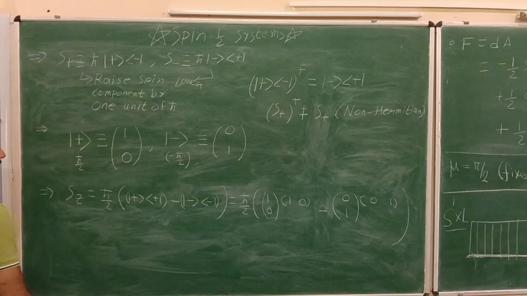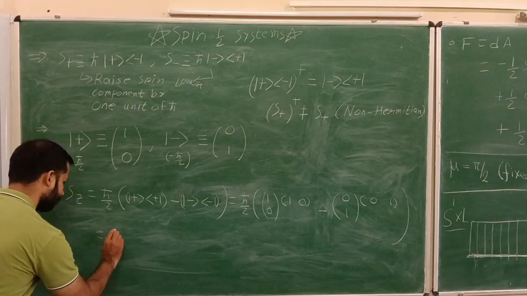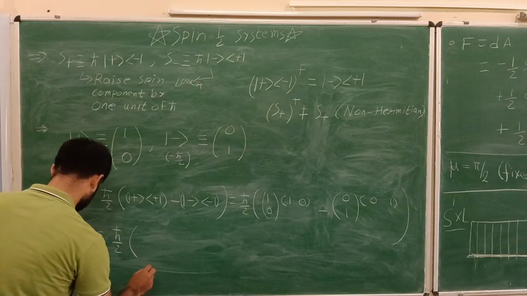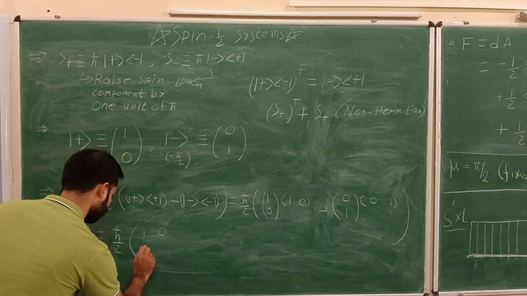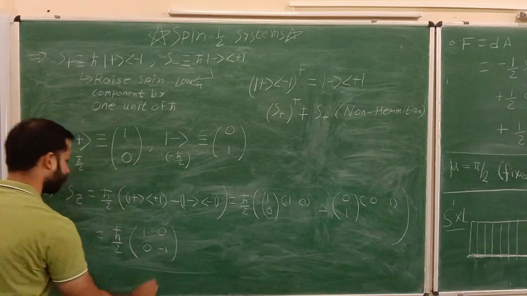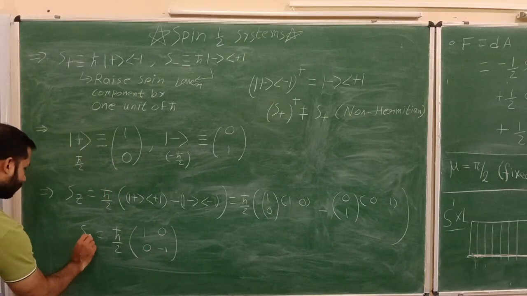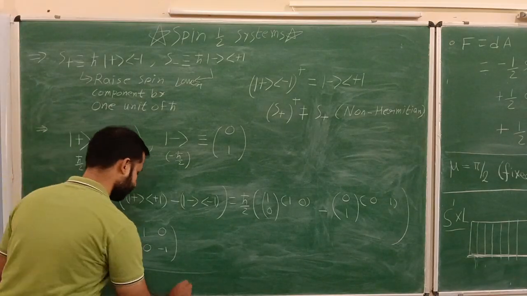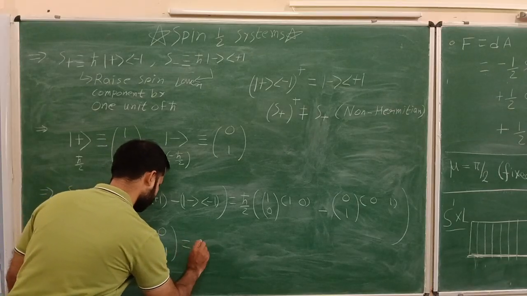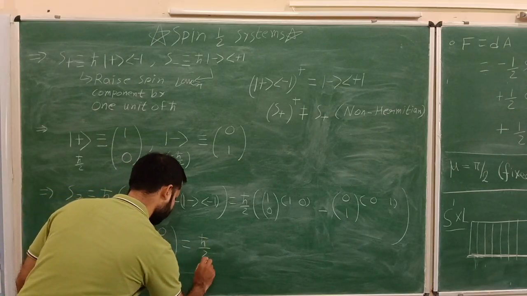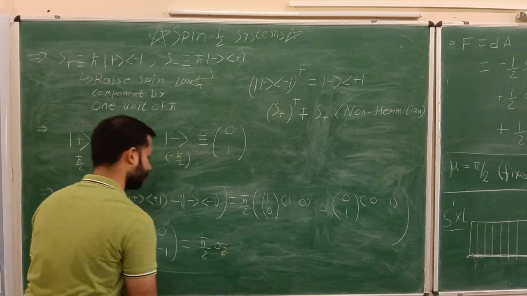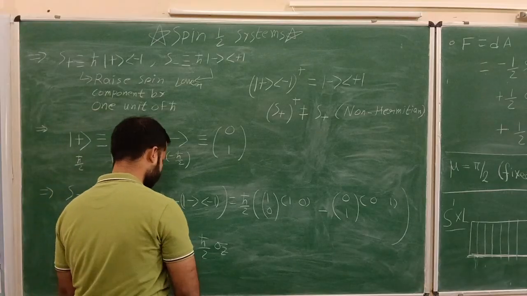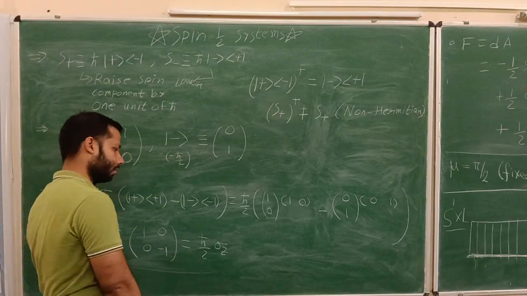So if we write down the entire matrix, what would it look like? It looks like this. So this is the spin Z operator, right? This is the Pauli matrices. So Pauli matrices are written like this. Their trace is 0.